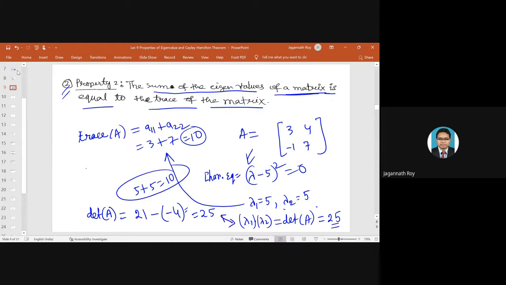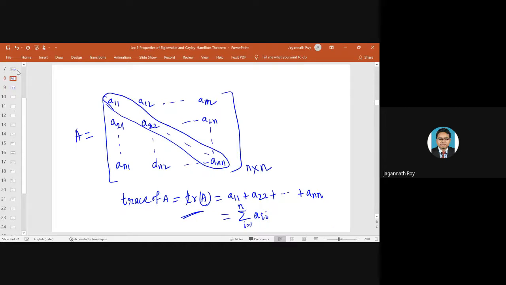So from here we can just write it. This is lambda 1 plus lambda 2 up to lambda n, whether it is repeated or not, we will write as n eigenvalues. Sum of eigenvalues.